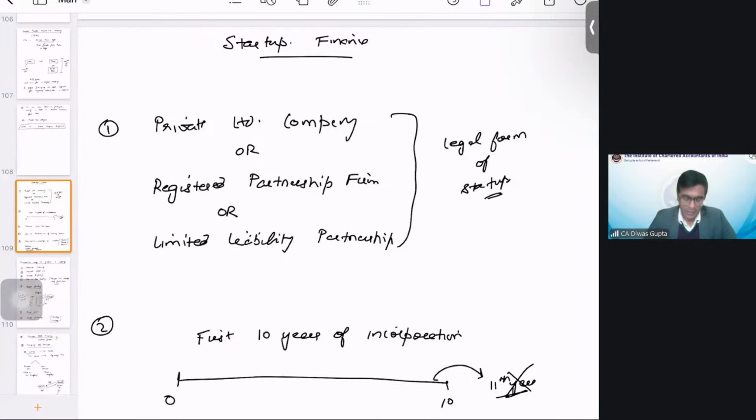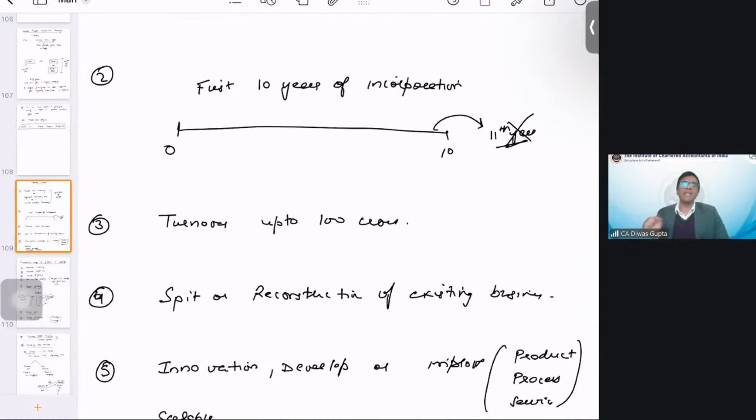One, it should be a private company or a registered partnership firm or a limited liability partnership. So they have told you that the legal form of a startup should be a company or a registered partnership firm. Even an LLP is also allowed. Second, it should be in the first 10 years of incorporation. The moment you enter your 11th year of incorporation, you are not a startup anymore.